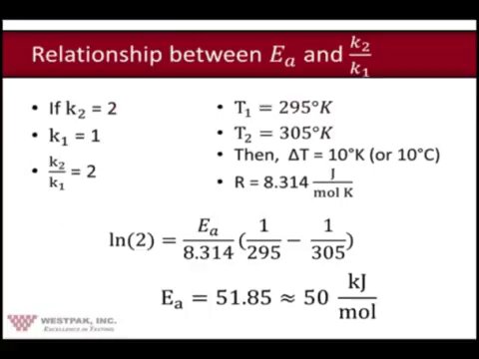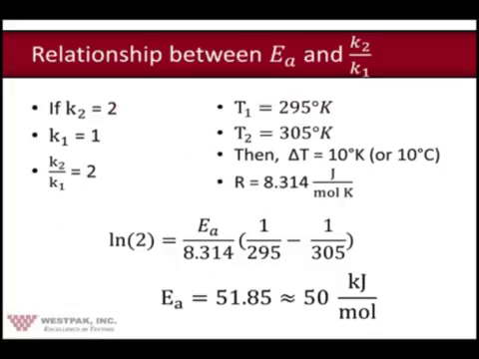And then we can also take the temperature and say, okay, we're going to find out what's going on from an activation energy standpoint if not only we double the rate, but also increase the temperature by 10 degrees Kelvin, which is the same as 10 degrees Celsius in this case, because the gas constant R is in fact constant, 8.314 joules per mole Kelvin.